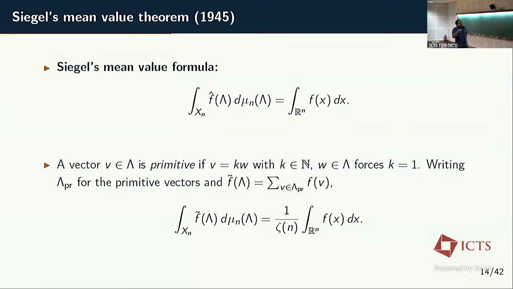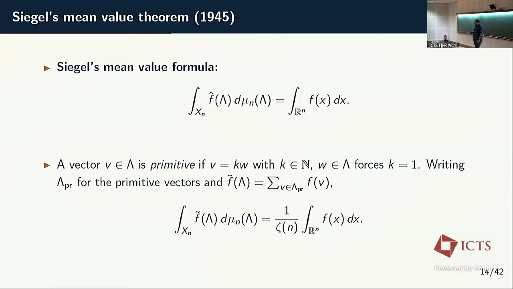Then what comes out is the integral of the function that you fed into the Siegel transform over R^n. Okay? If you instead define your Siegel transform to only sum over primitive vectors, then you get a factor of 1 over zeta(n). All right?